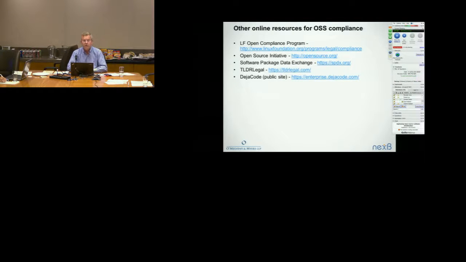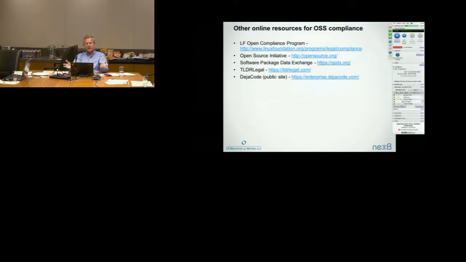A few other compliance resources. The Linux Foundation: we're a member of the Linux Foundation, and we're co-founders of the Software Package Data Exchange effort there. It provides a good set of information as a starting point. OpenSource.org is the place where you find many of the original open source licenses, as well as the SPDX website.